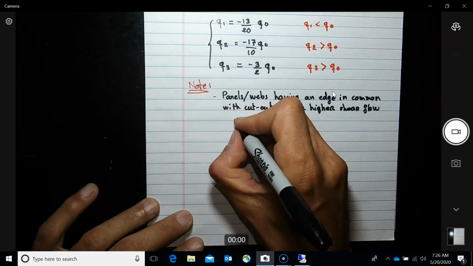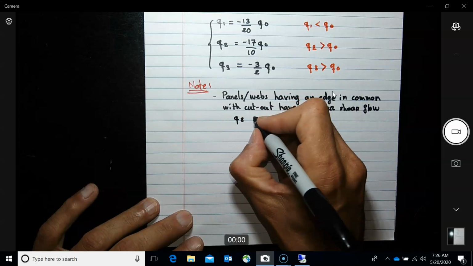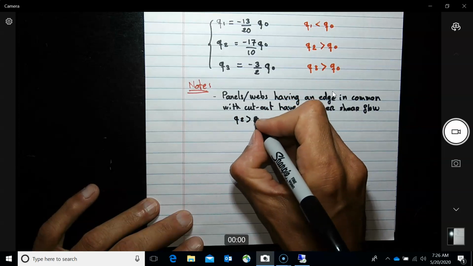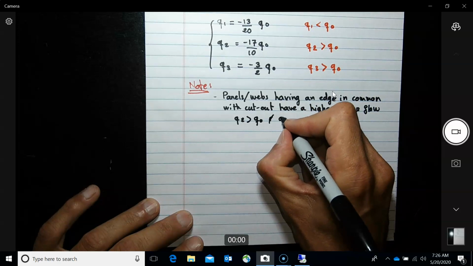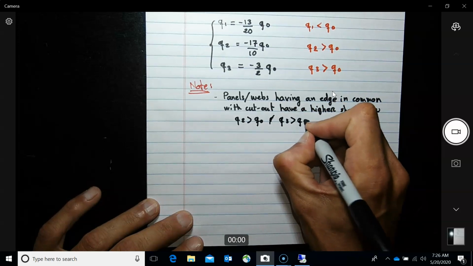So that basically means that Q2 is higher than Q naught and Q3 is higher than Q naught.